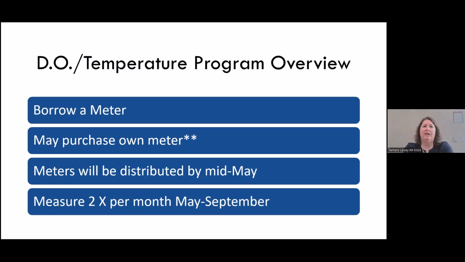So if you couldn't come, you probably received an email from me, yes, or Monday, telling you who has your meter and how we're going to get it to you. You're going to measure dissolved oxygen and temperature twice a month, May through September.